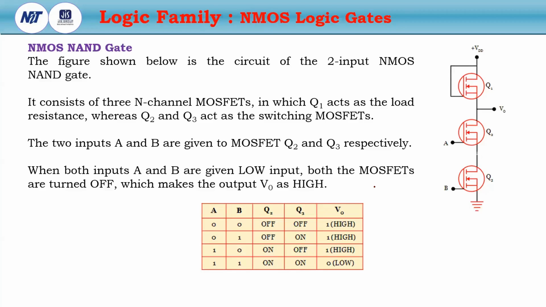For any AND operation, the NMOS are connected in series in the driver section, and for any OR operation, the NMOS are connected in parallel in the driver section. So this is called the driver section, and this is called the load section.